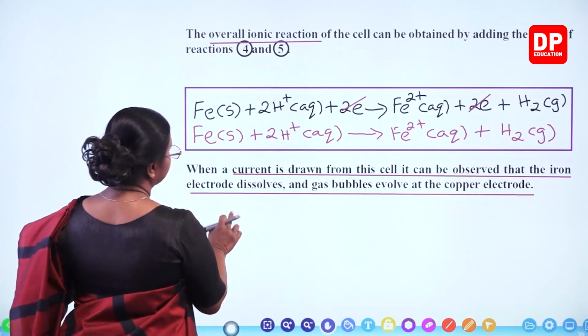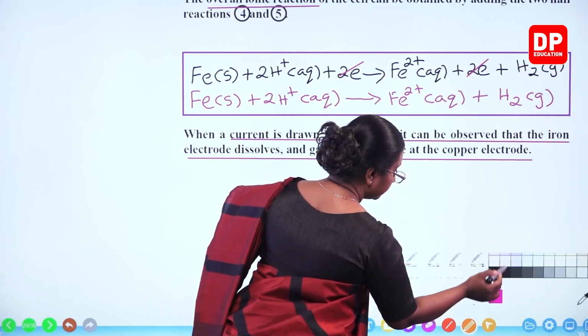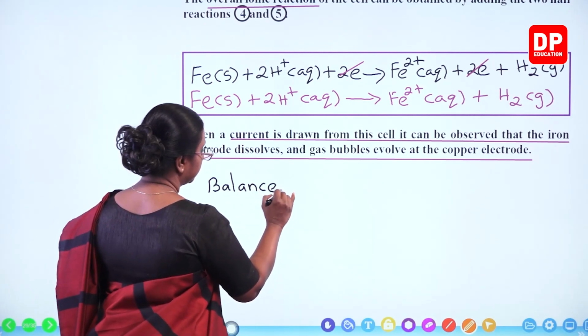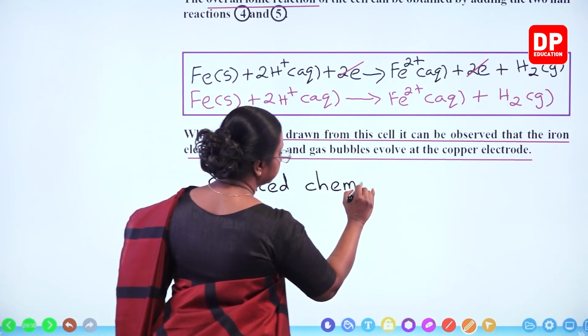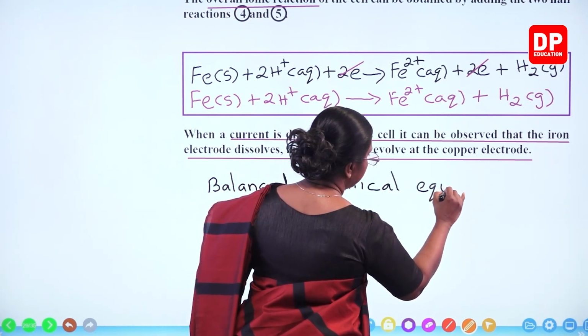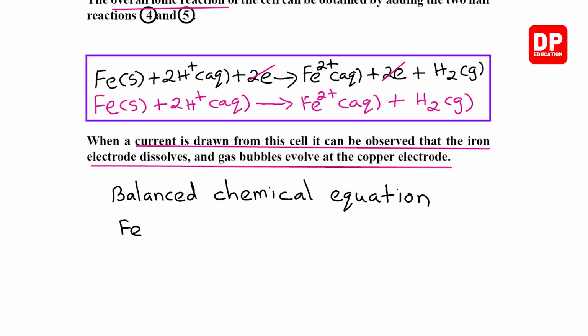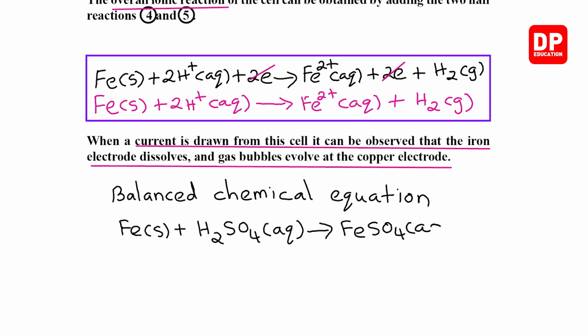So the overall balanced chemical equation can be written as: Fe solid plus H2SO4 aqueous, that is H plus ions plus sulfate ions, will give rise to FeSO4 aqueous plus H2 gas.